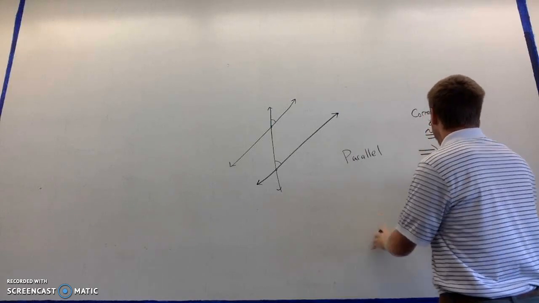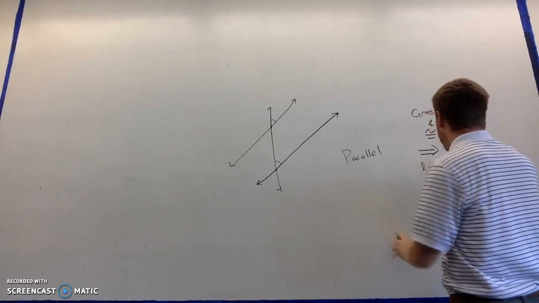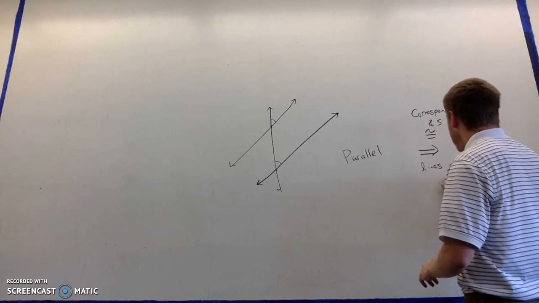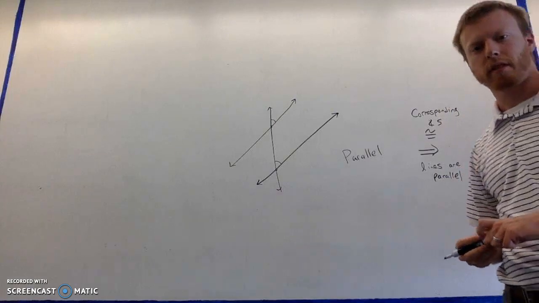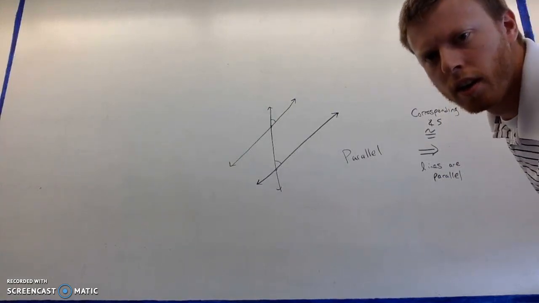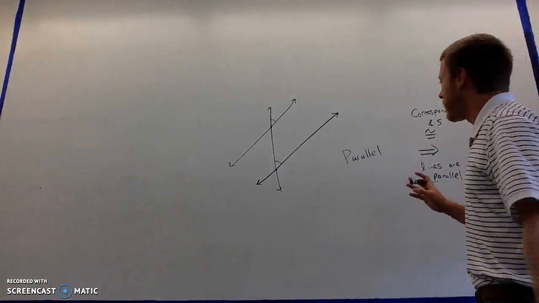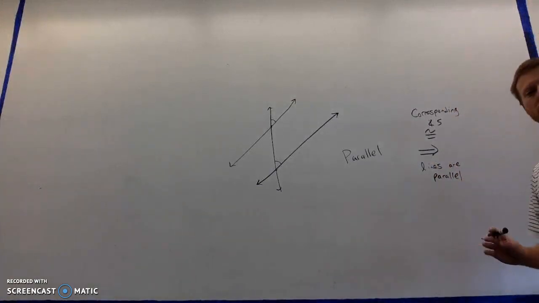That implies that the lines are parallel. Okay? Hopefully that's big enough for you here. If the corresponding angles are congruent, then the lines must be parallel.